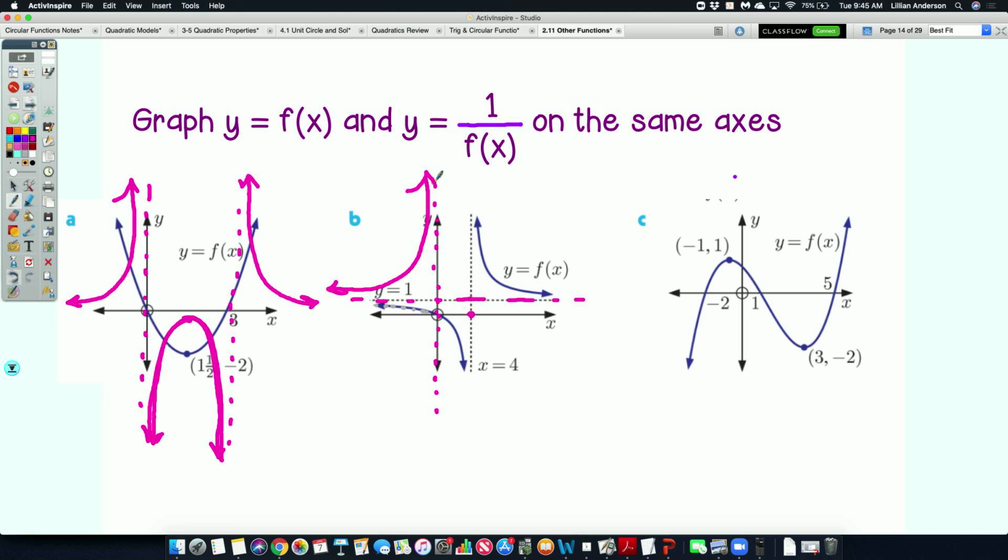And these other pieces, the part that's on the right side of that pink vertical asymptote, it does need to go through my x-intercept, okay? Questions?